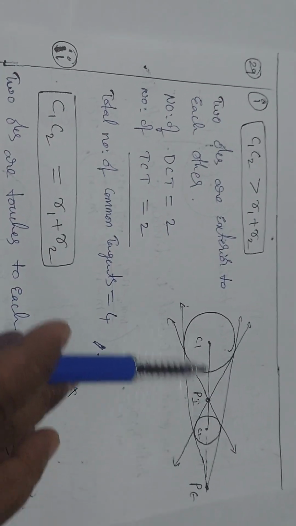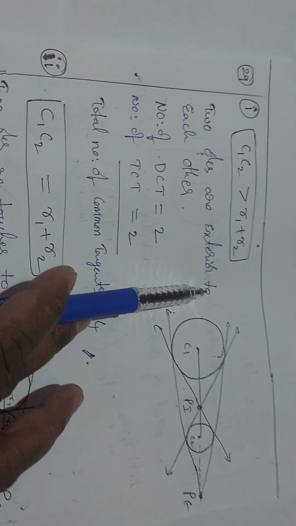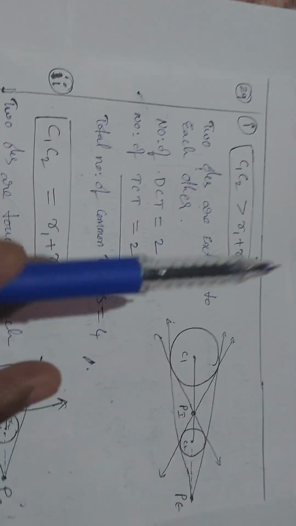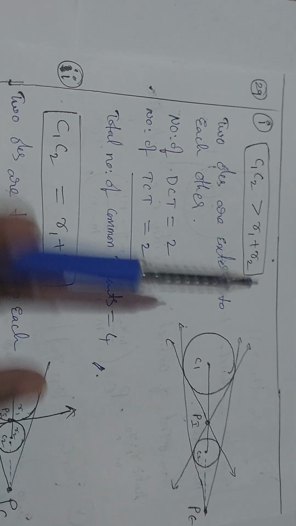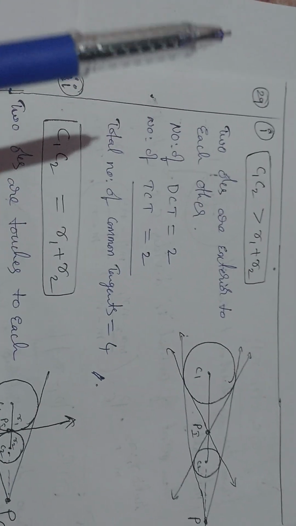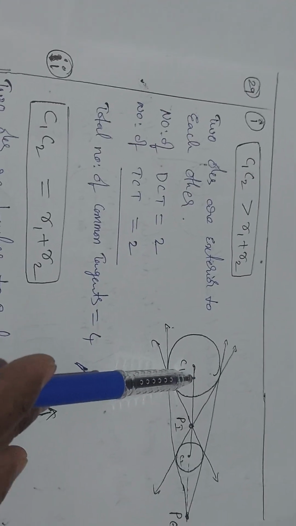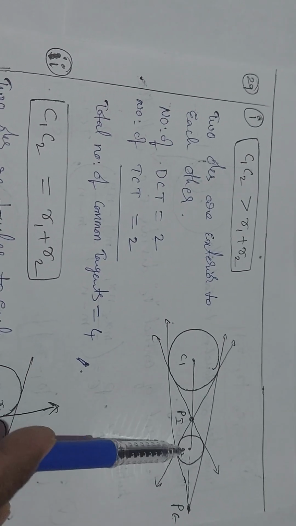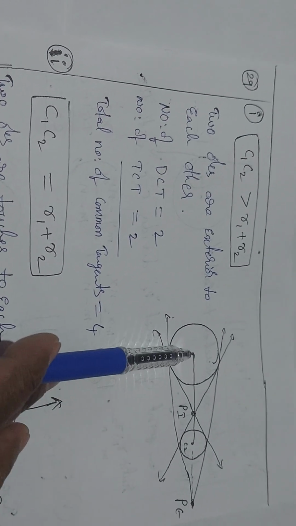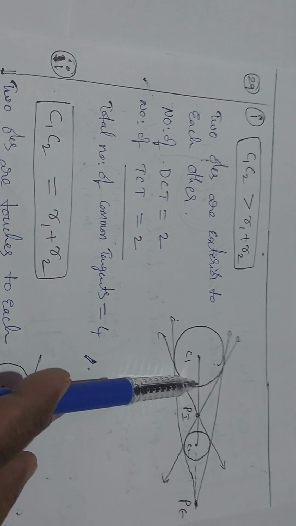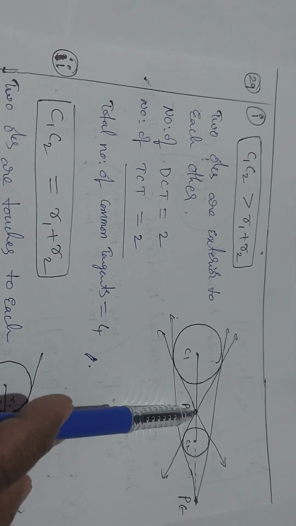If two circles are exterior to each other, meaning far apart, different. You just observe from here to here radius R1, from here to here radius R2. If you join C1C2, this C1C2 is bigger than the addition of these two, this extra part is coming.